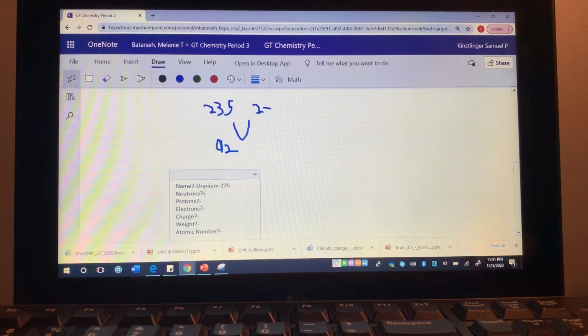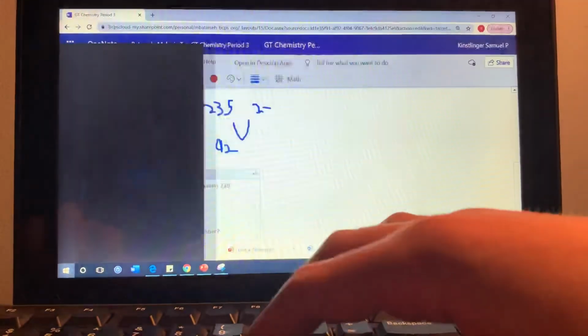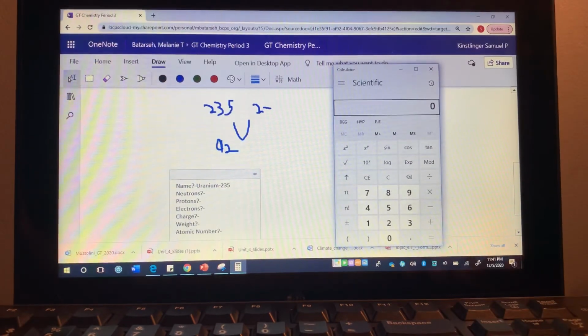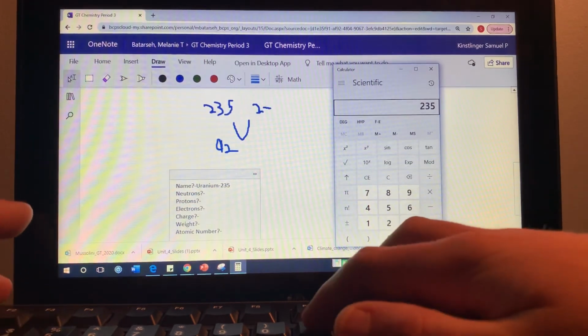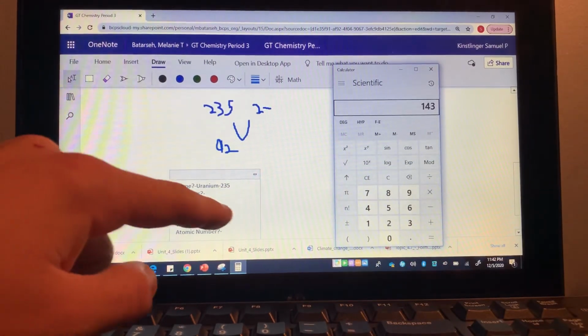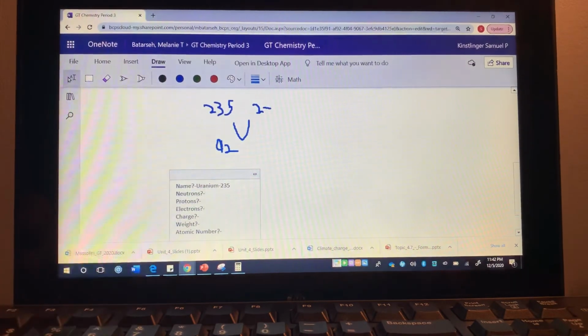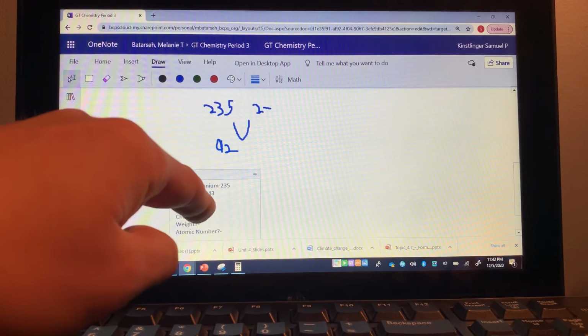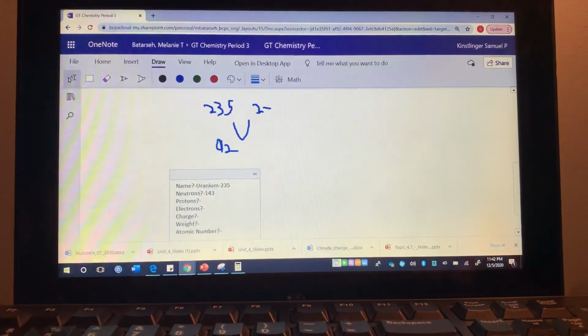Let's say we need a calculator for this, which I like to have up just in case I need to make some quick math, which is important in chemistry because chemistry is a lot of math. 235 minus 92 equals 143, which means that we have 143 neutrons. And this checks out because 143 plus 92 is 235.